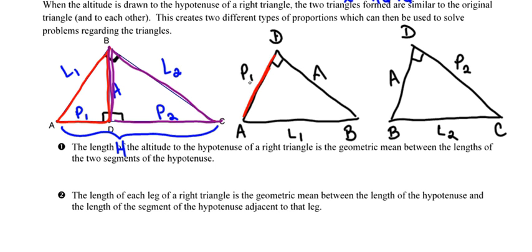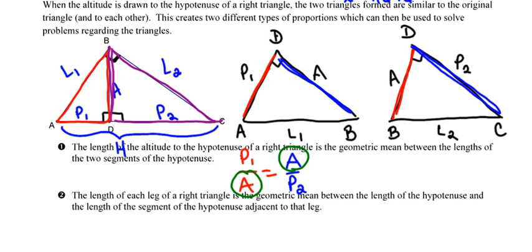We're comparing part 1 in one triangle to the altitude in the second, and we're saying that ratio is going to be equal to the altitude in the first triangle compared to part 2 in the second. And notice, again, this guy is the geometric mean because that number in the means position, in this case the altitude, is exactly the same in each ratio.